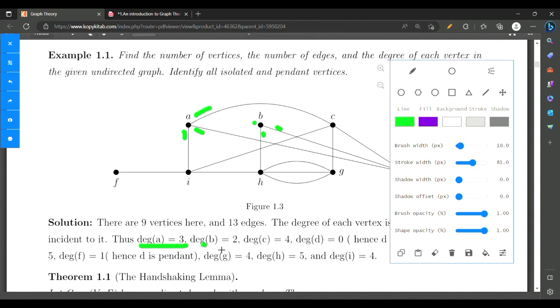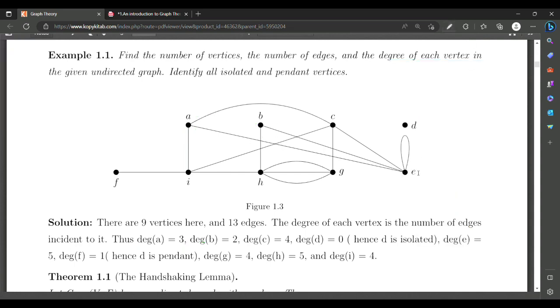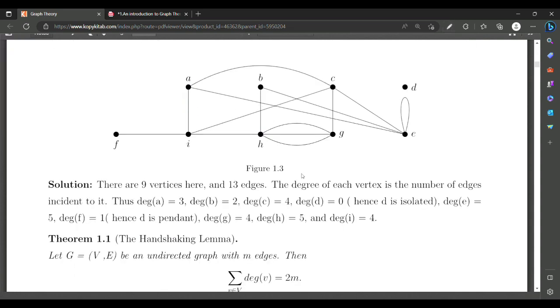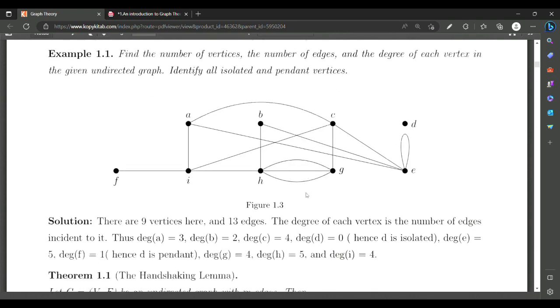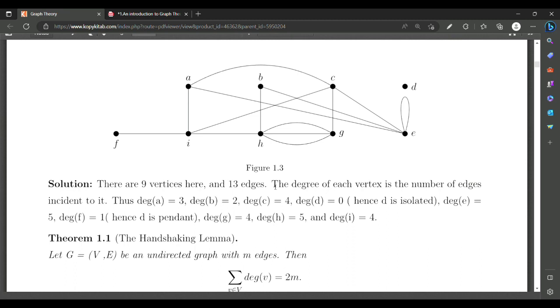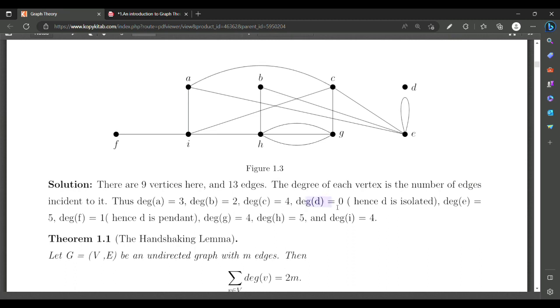Likewise we can find the degree of C, F, I, H, G, E and D. Now we see which is isolated and which is pendant. Here the degree of D is 0, so D is isolated, and the degree of F is 1, so F is pendant.